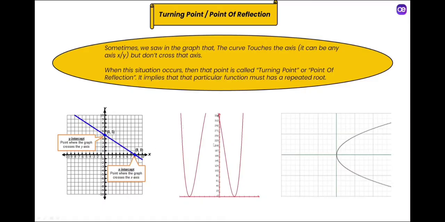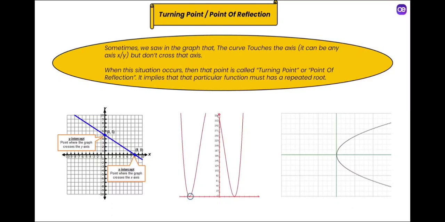But sometimes the curve doesn't cross the axes. Look at this graph. This curve goes, and it touches this point, and it never crosses. It touches the x-axis and then reflects or reverses and goes up.